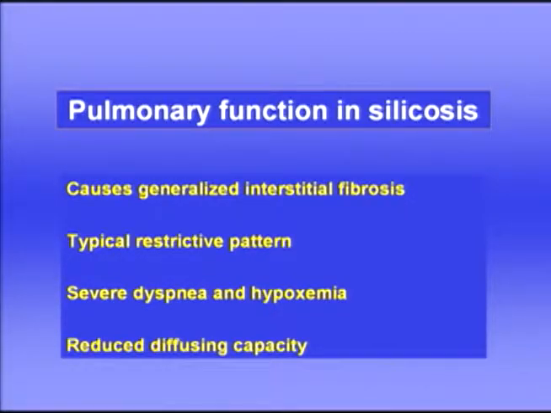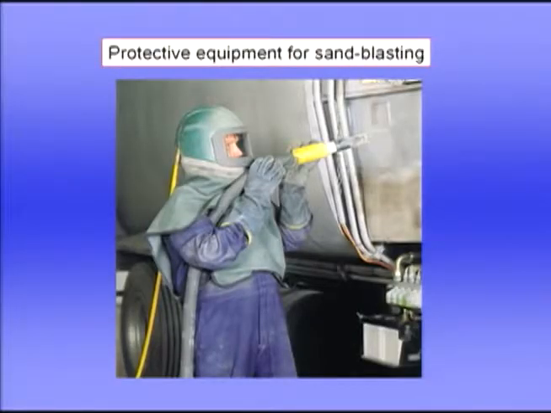So it's very like the diffuse interstitial fibrosis that we discussed a couple of sessions ago in the session devoted to restrictive lung disease. You get the typical restrictive pattern, severe dyspnea, hypoxemia, and a reduced diffusing capacity, which is typical of patients who have diffuse interstitial pulmonary fibrosis. So silicosis is a very important disease. The way you prevent it is by using protective equipment.